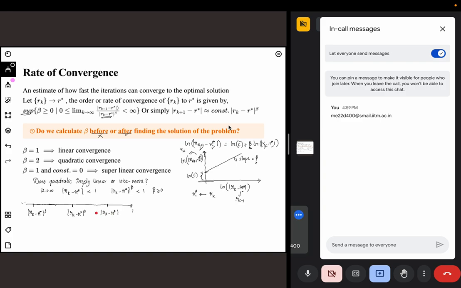All these values will be less than this particular quantity, and what we are defining now is where this beta ranges. If your rk plus 1 by this particular quantity is in this region, then beta will be 1. So we are calling this particular region linear, this particular region we call quadratic, and so on.